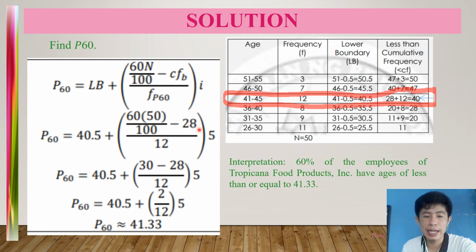Sabi ko nga kanina, since this is percentile 60, the equivalent of this in percent is 60%. And 60% is 41.33. Meaning, out of those 50 employees, 60% are ages 41, 40, 39 pababa hanggang 26. So, 26 up to 41. Yun yung mga ages ng 60% of the employees.